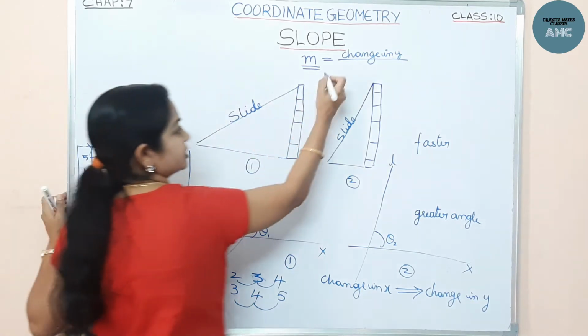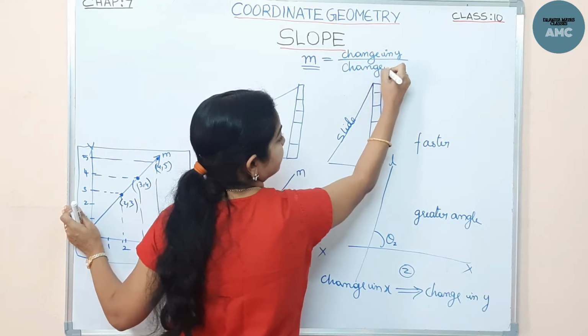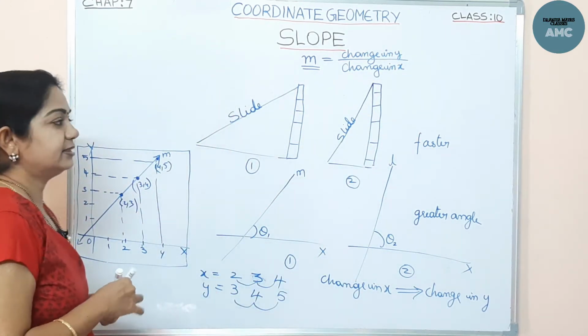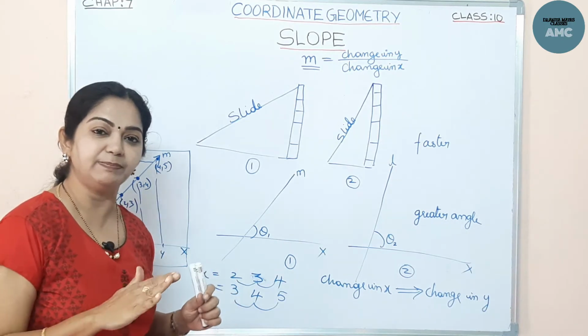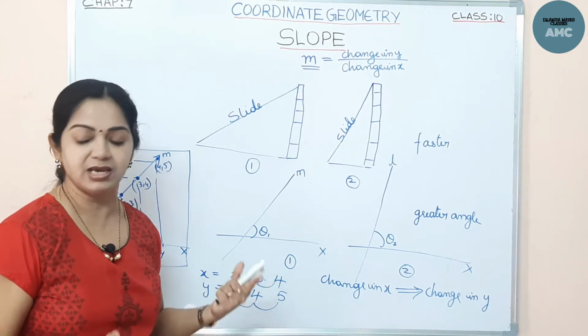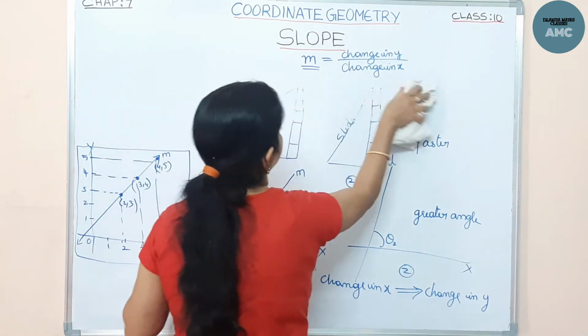So the slope is change in y by change in x, right? This is the concept of a slope: the steepness or the inclination of a given line is its slope, and its representation is small m.